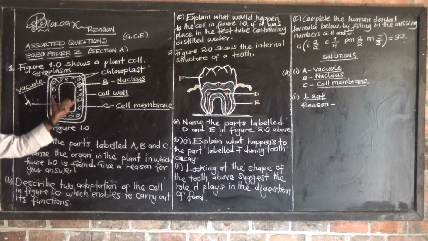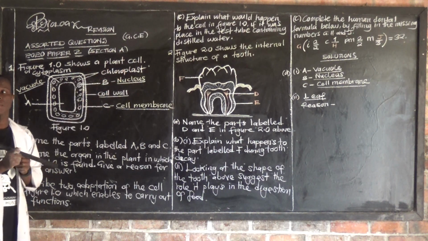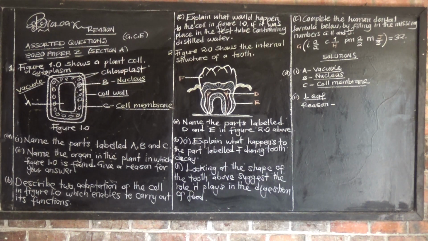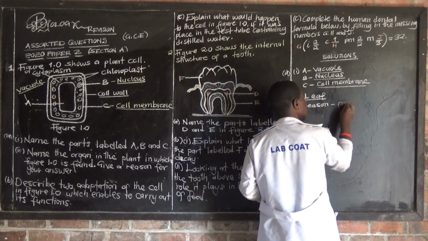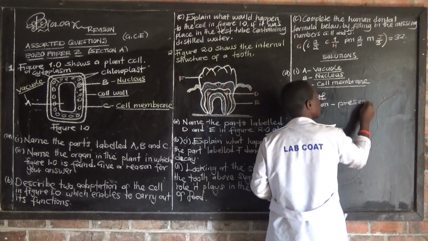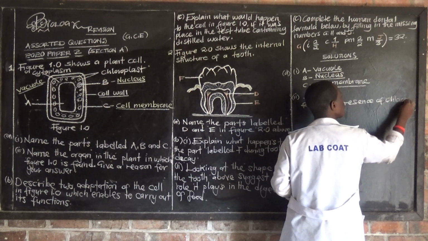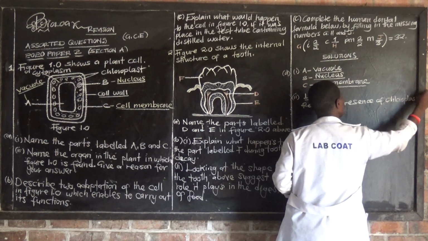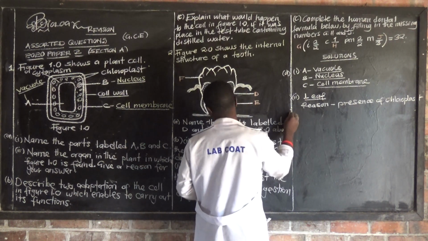Why? Because these palisade cells contain chloroplasts, which trap sunlight. So you can just say presence of chloroplasts. Are we together?